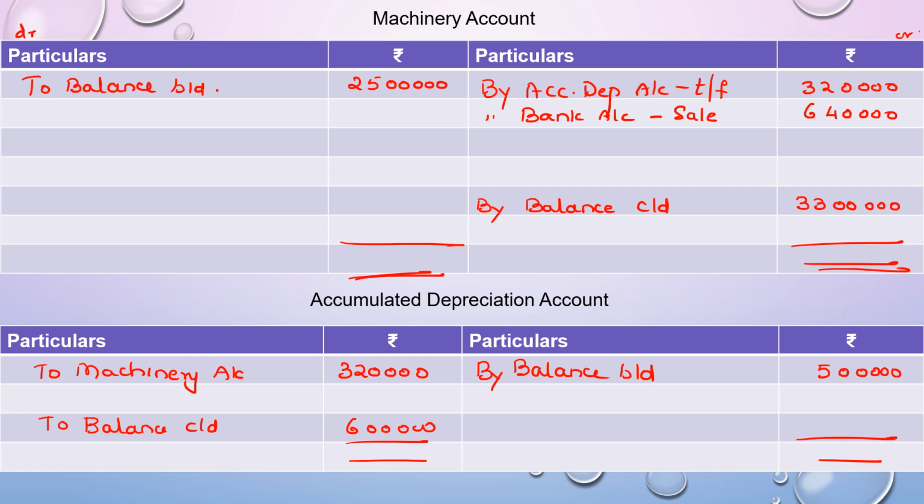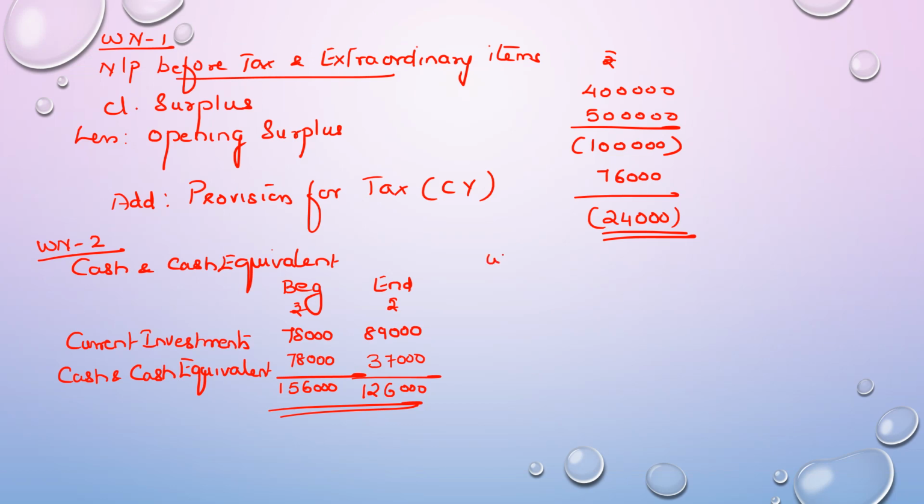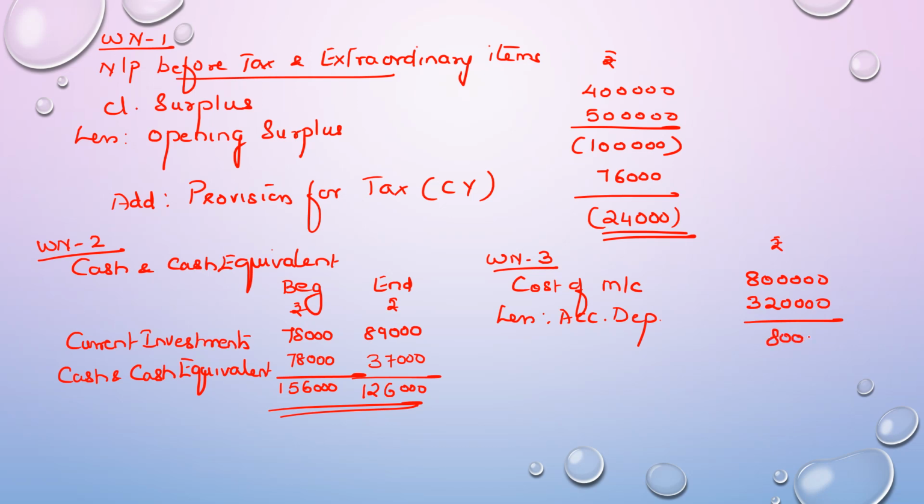Now what we are supposed to do is find out whether there was a gain or loss. Working note number 3, to find out whether there was gain or loss. So the cost of the machinery was given to be 8 lakh rupees. And the accumulated depreciation related to that, they said, was 3,20,000. So the book value on the date of sale is going to be 4,80,000.